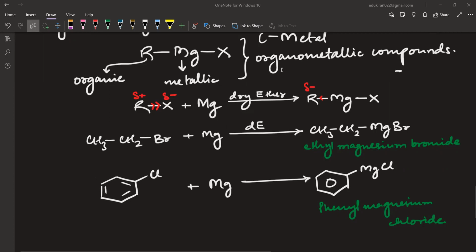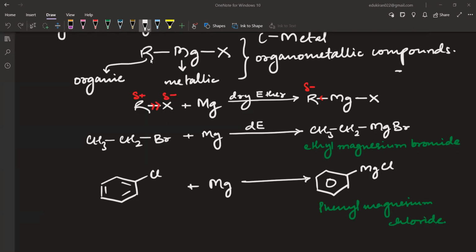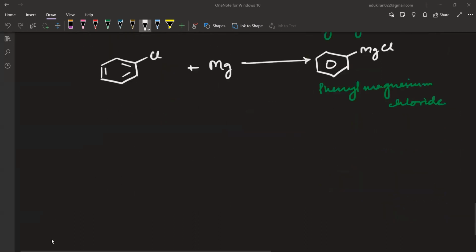But why is it dry? How can a liquid be dry? Now, dry here means absence of water. That means we are preparing this in anhydrous conditions, in the absence of water. So dry does not mean it is not a liquid. It just means that we don't have any water content, not even moisture, not even 1 or 2 molecules of water. Now, why is that?